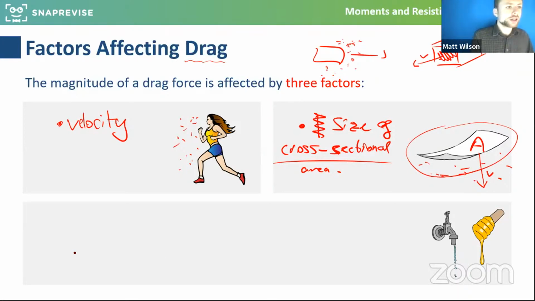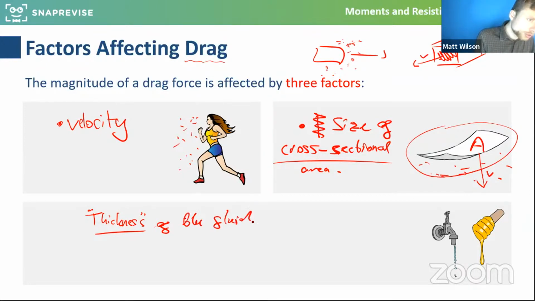Finally, we can think about something essentially like the thickness. But this is a casual term. We can think about something like the thickness of the fluid. For example, if you've ever tried to walk with your legs moving through water, you'll notice that it's harder to do that than it is to walk your legs through air.